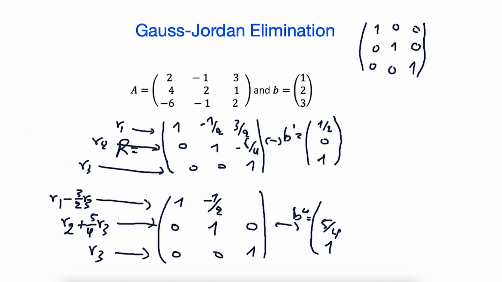And here 3 over 2 minus 3 over 2 times 1, which is 0. And we must do it also in the vector b, so it will be 1 over 2 minus 3 over 2 times 1, which is minus 2 over 2, which is minus 1.